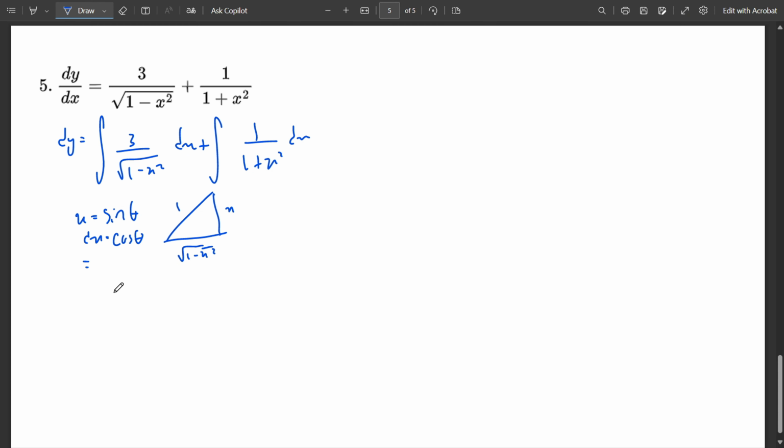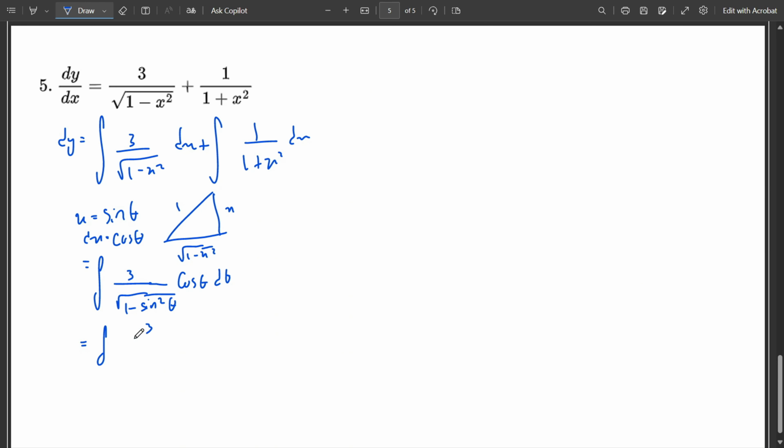And we have the integral of 3 over square root of 1 minus sine squared theta times cosine theta d theta. And as we can see, 1 minus sine squared is just cosine squared. We square root that, we have cosine theta d theta.